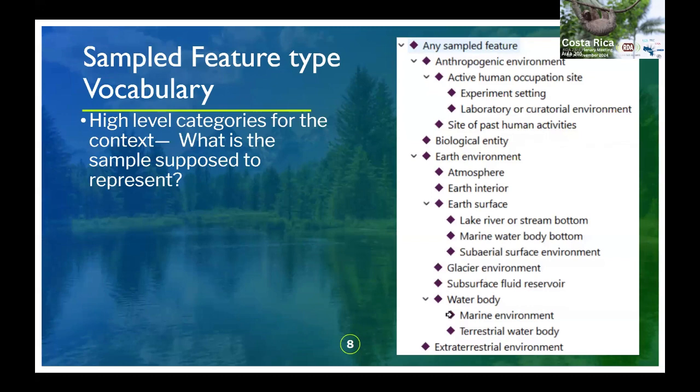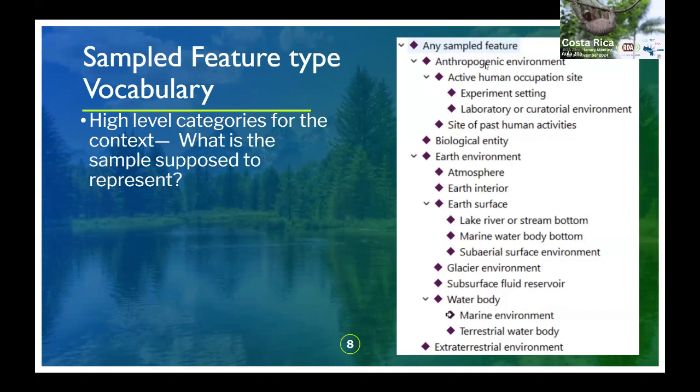And then the sample feature vocabulary. Again, what's the sample supposed to represent? This is one of the trickier ones, because there are so many different ways of thinking about why this sample was collected. What's the sample about? The things here largely focus on Earth environments. There's a little bit about anthropogenic, but in order to keep them high level, they're extremely general.